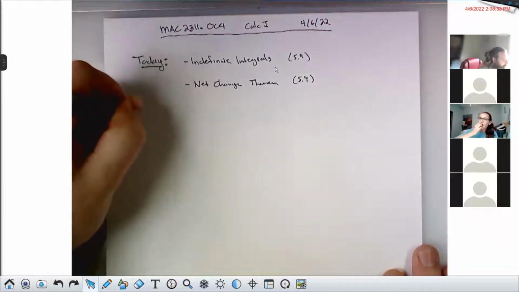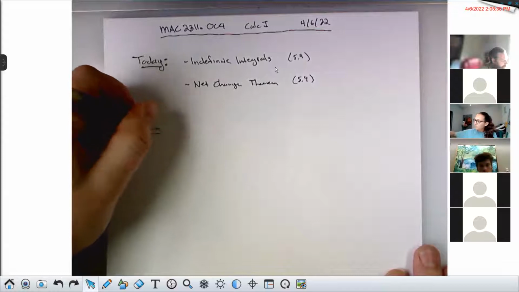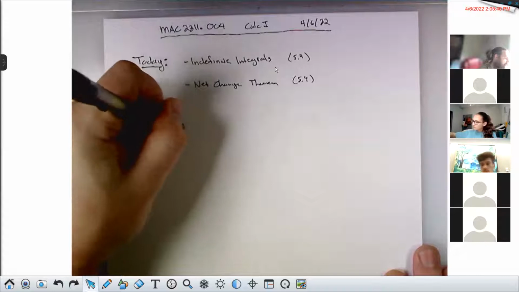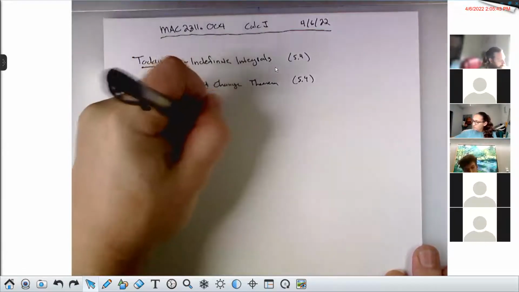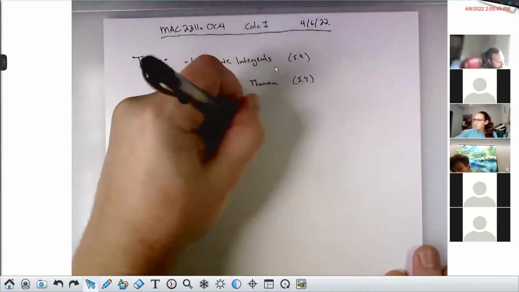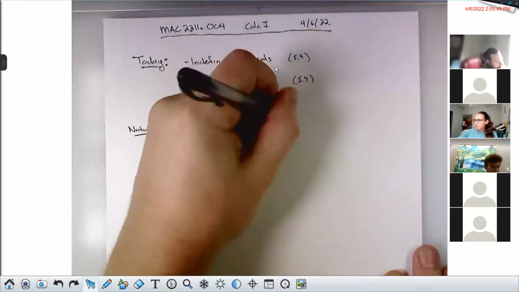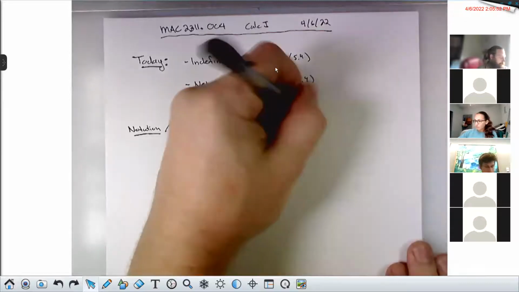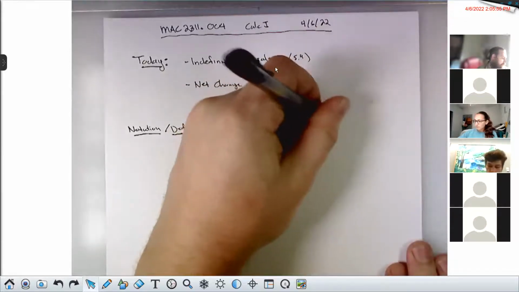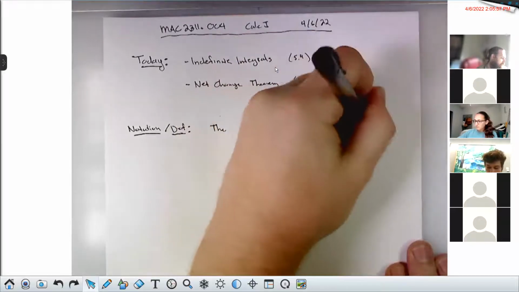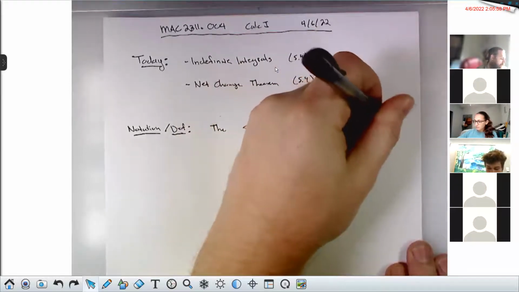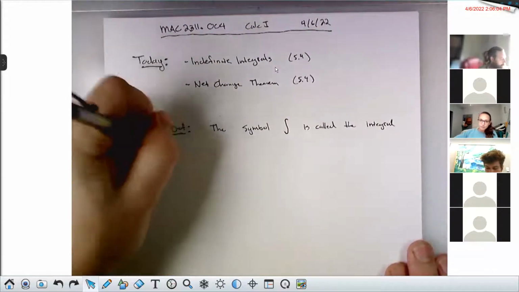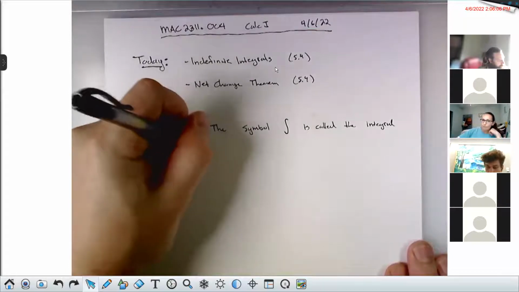Not notation or definition. The symbol, this thing, remember we call the integral symbol, or integral sign.